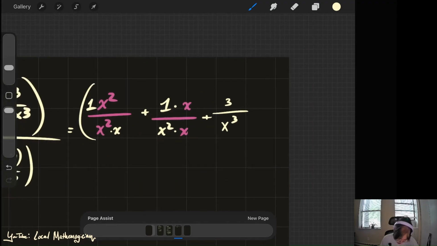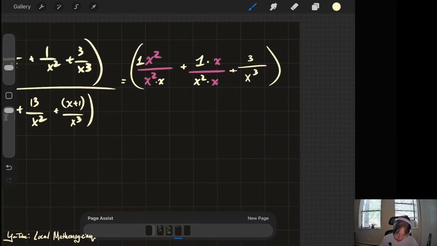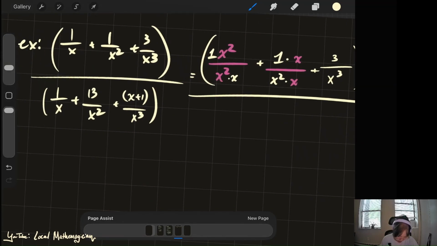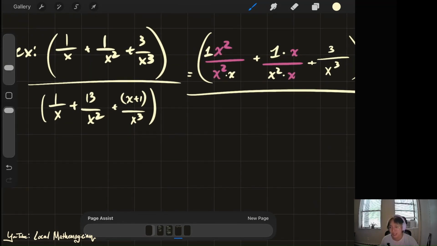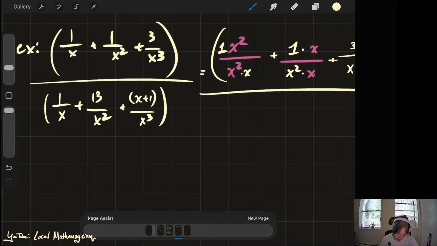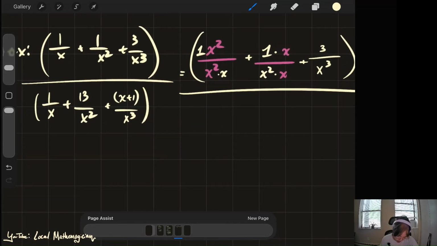Okay. And we'll do the same for the bottom. It's the same denominator. I lucked out. Method 1 and 2 are very similar for this specific problem, but you'll see when they're a little bit different, okay? So I'll do this piece quickly.